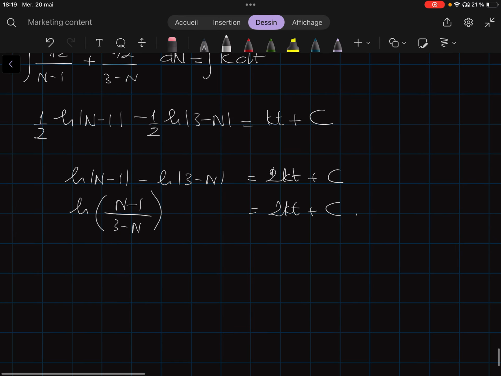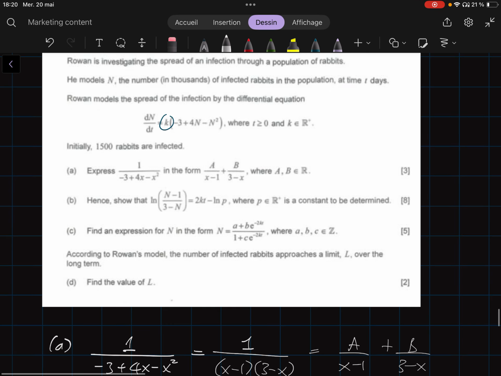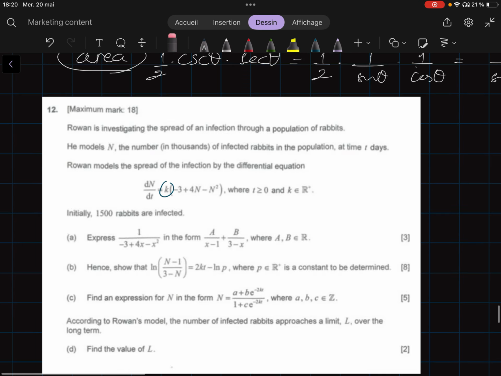Part C. Now you're then asked to isolate for n. Easy peasy. They also want us to express C as ln of P in the previous part. So I guess we're going to do that. Initially, 1,500 rabbits are infected.